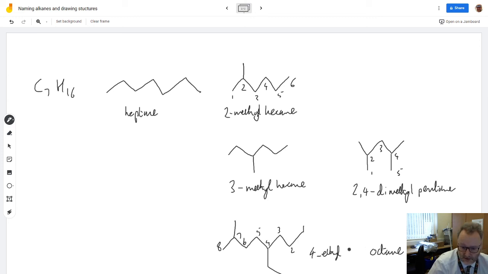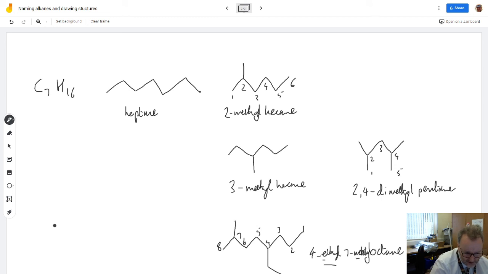Then we'd have 7 methyl octane. Rather than the numbers being the other way around, because the bigger group takes priority, so that gets the lower number. And then the E comes before the M. So that's 4-ethyl-7-methyloctane. It's unlikely you get anything even remotely that complicated.